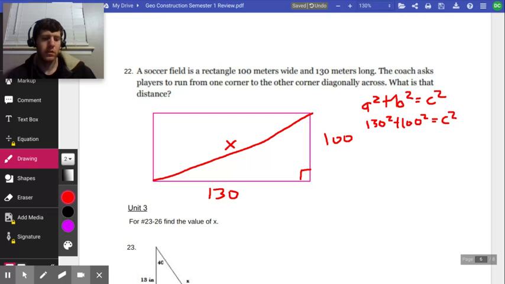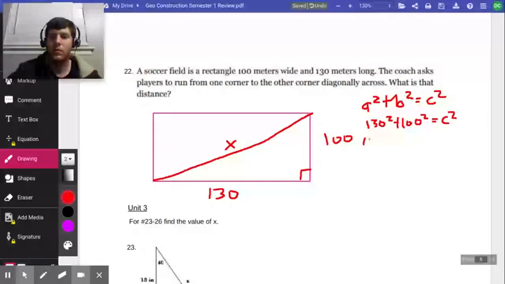So these are going to be some big numbers here. 130 times 130 is 16,900, plus 10,000, equals c squared.